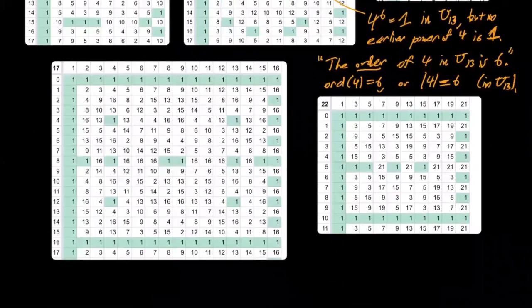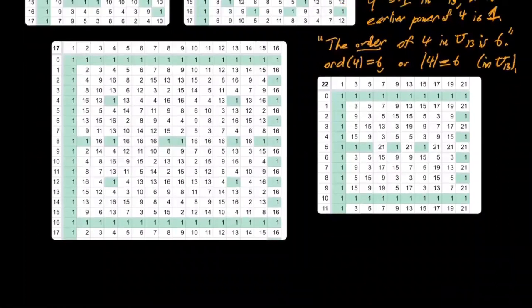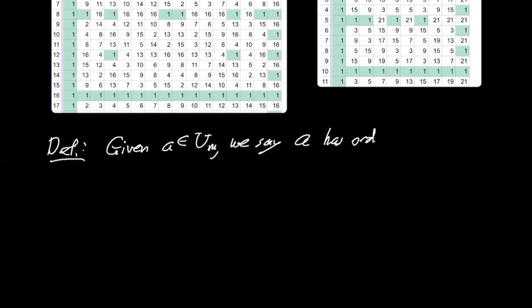So just to be a little more formal, let me give you a definition of order. Given A living inside the units mod M, we say A has order N if the following 3 conditions hold. First, N should be a positive integer.